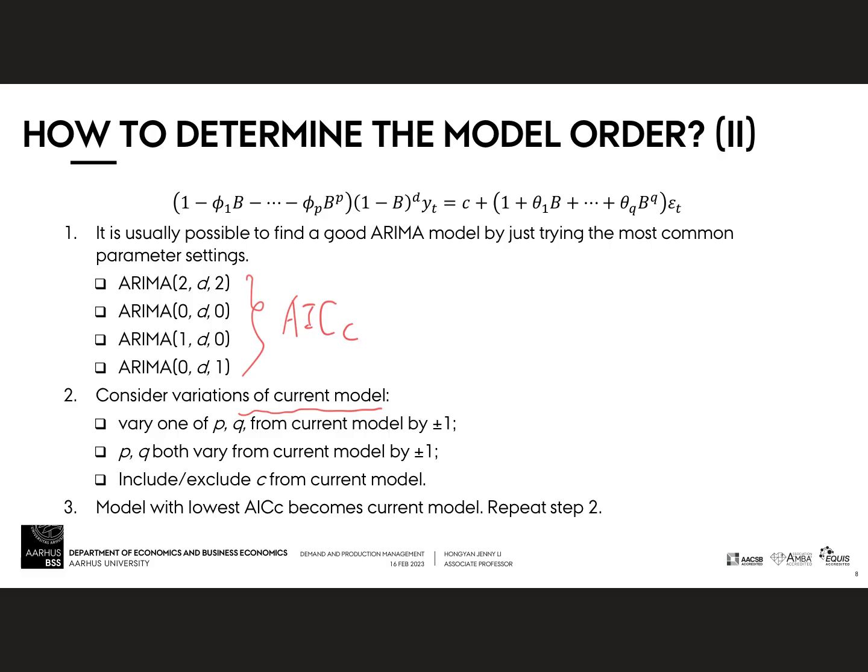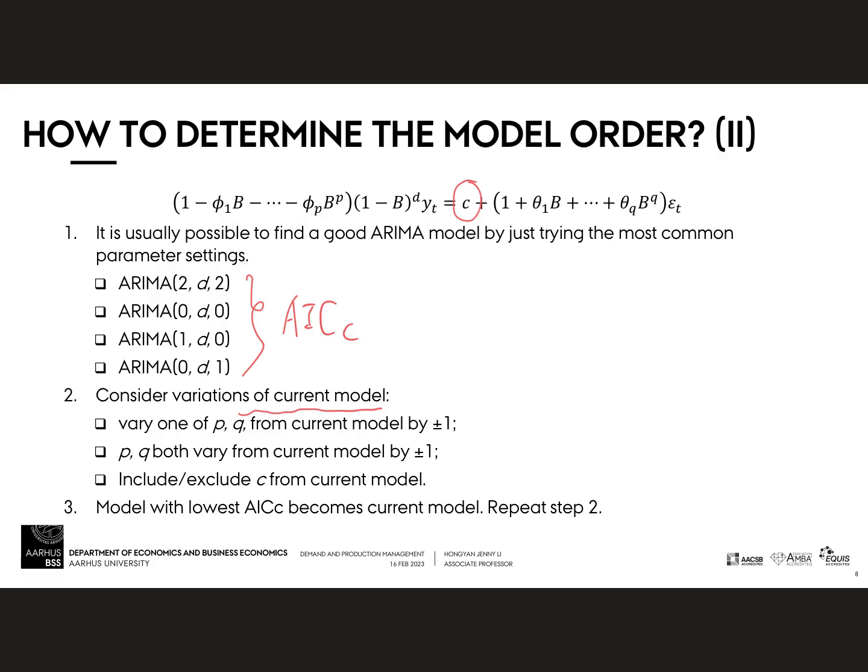Then based on your current model, you change the p and q values by increasing or decreasing by 1, and gradually you compare more models. Another thing is the c value. You could have it or not have it, so you can test in which way is the best.